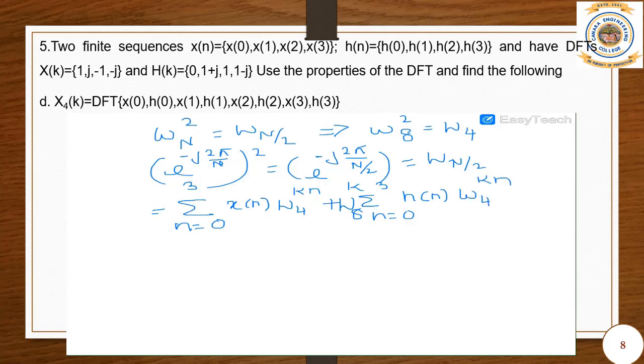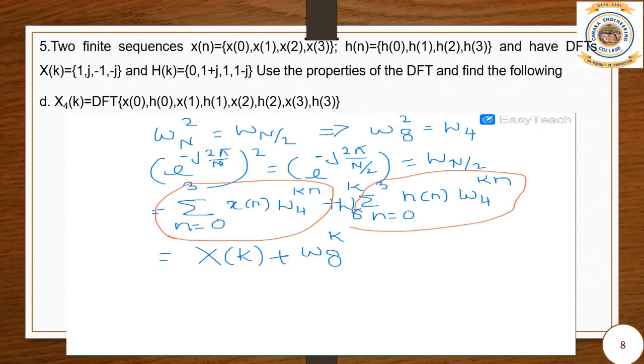So whatever we have got here, this term is equal to x of k plus W8 to the power k, and now whatever we have got here, this is h of k.